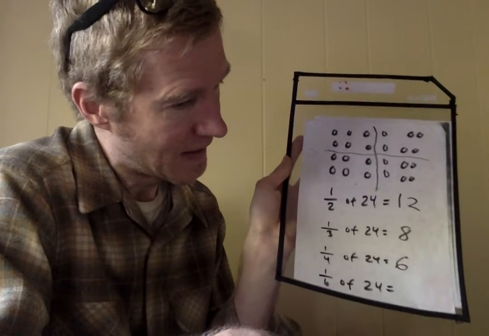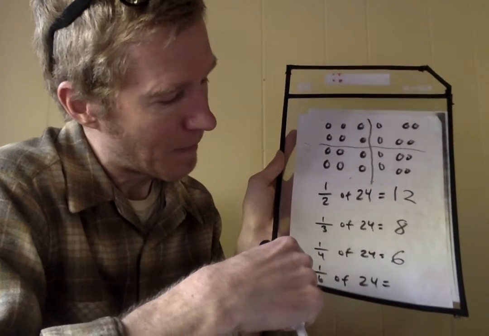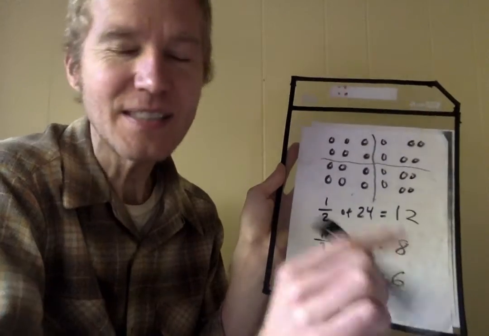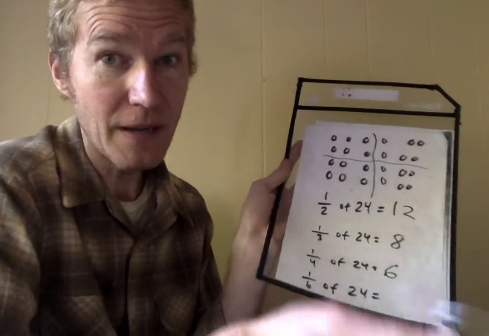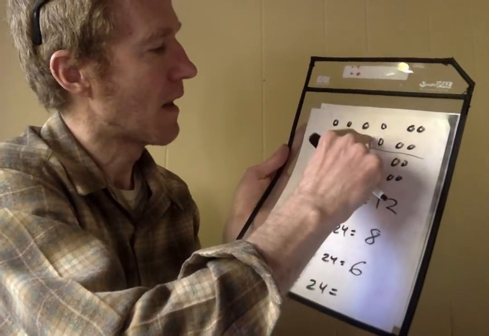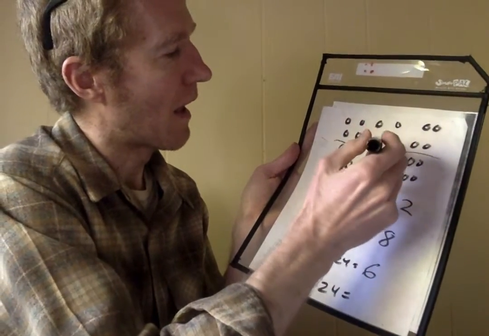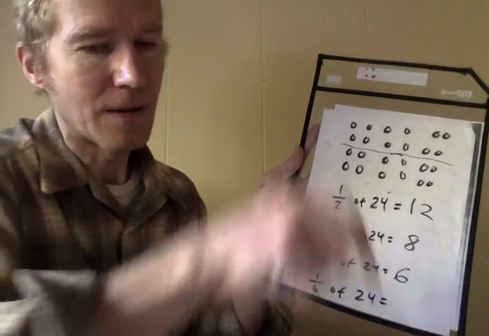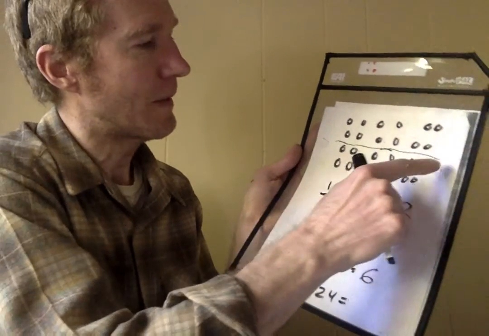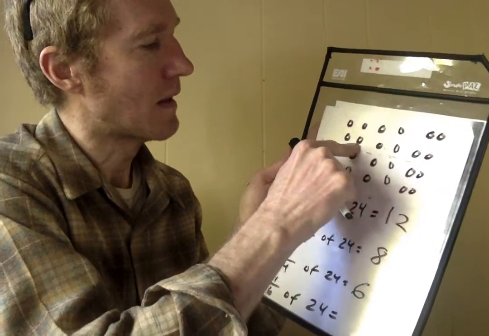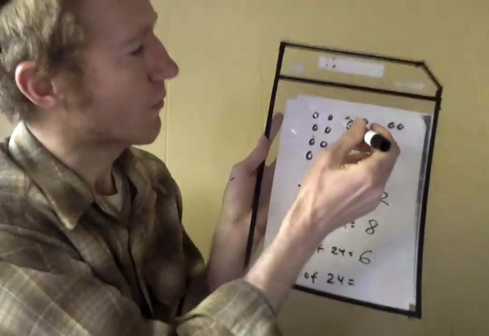The next one is 1/6. How many pieces are in 1/6 of 24? Let's find out. Actually, I'll get rid of that. So I'm going to cut it into 3 equal pieces.